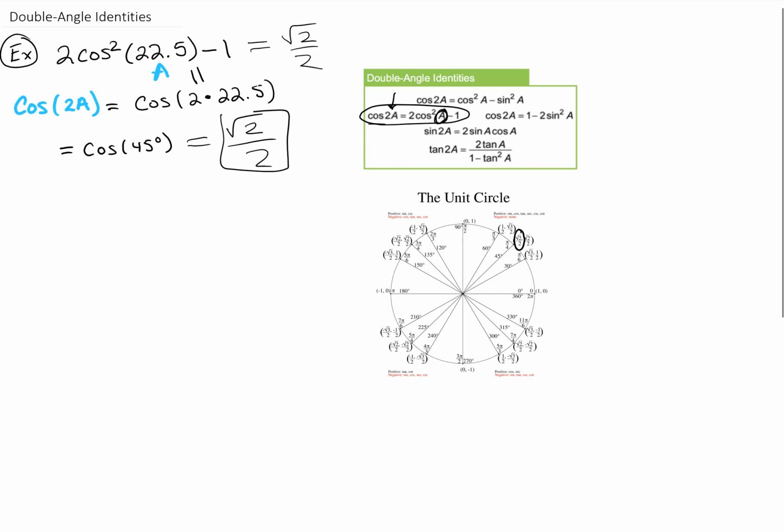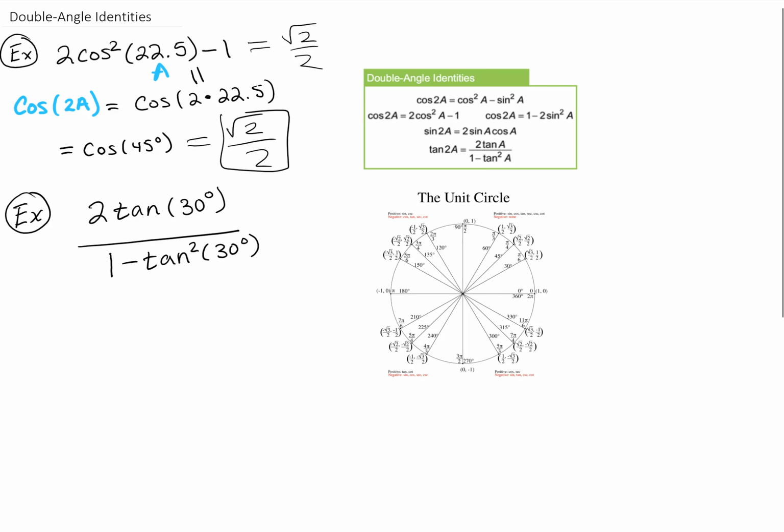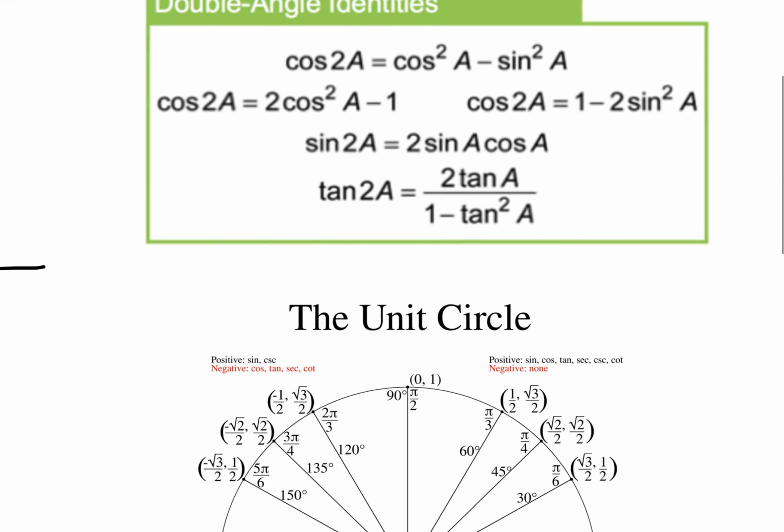Okay, so just using these double angle identities, we're able to solve this and simplify it. So in this next example, we have 2 tangent of 30 degrees over 1 minus tangent squared of 30 degrees. Now I'm going to look at these double angle identities, and I see, well, this is equivalent to the tangent of 2A.